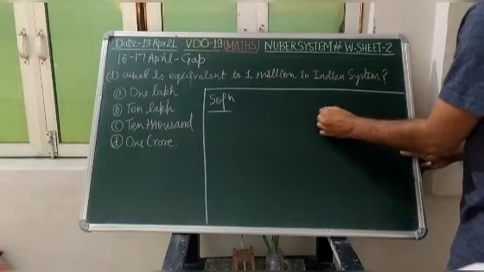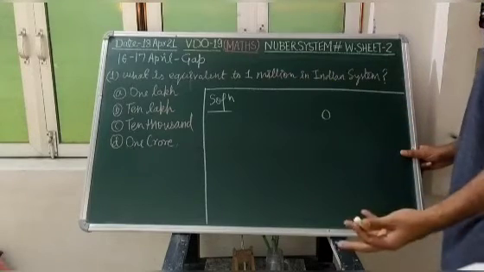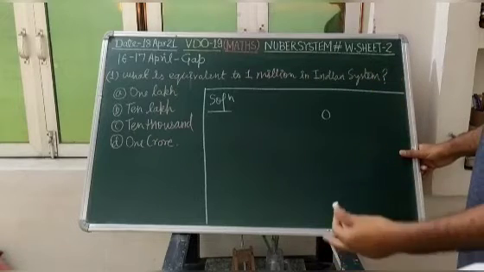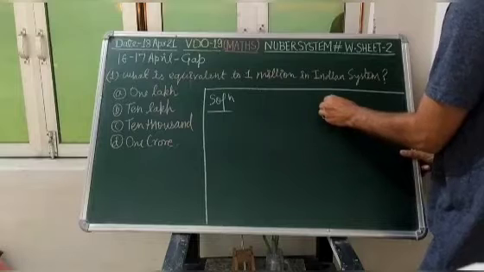You know, the unit 1 million will be in the international system, so we will put the comma after three digits.